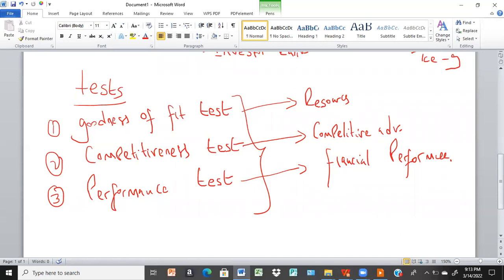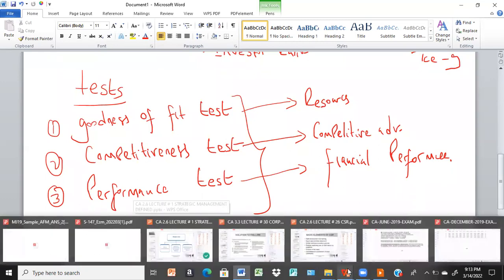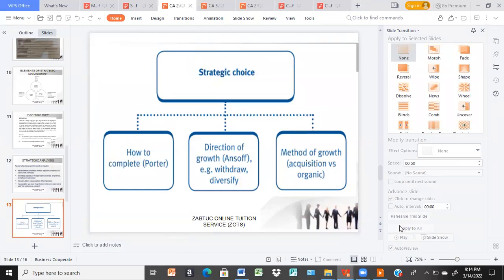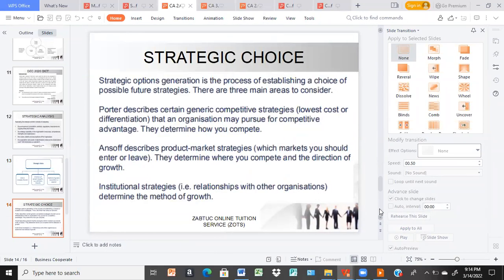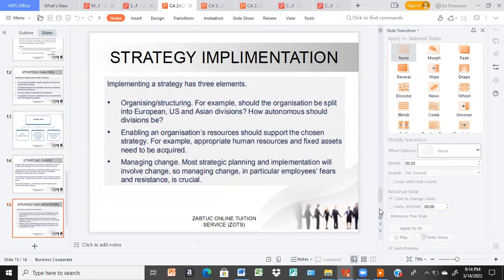So after this has happened, then what do you do? Well, then you go to make a choice, strategic choice, and implementation. You now need to implement your strategies. Whatever strategy you come up with, we need to implement. So what do you need for implementation? You need an appropriate organization structure.